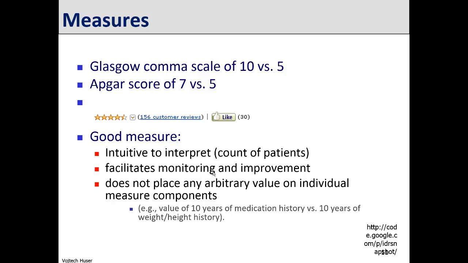So as I said, the goal was to design something so intuitive as the Glasgow Coma Scale or APGAR score, or reviews for a data set and some sort of quality ratings. Another problem was, for example, APGAR score puts the same weight on color of the skin as maybe the sound the baby makes.